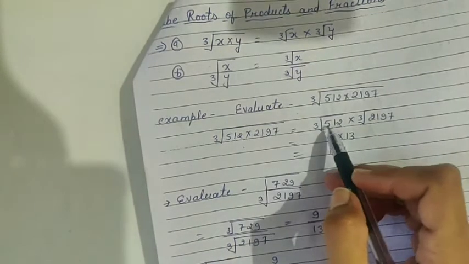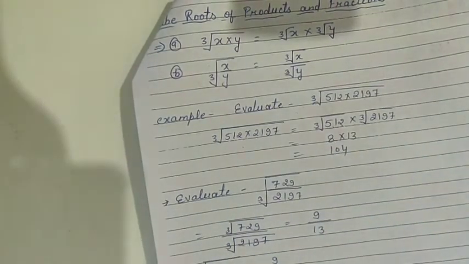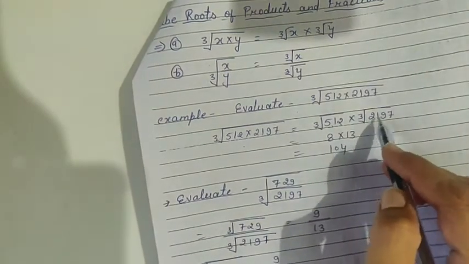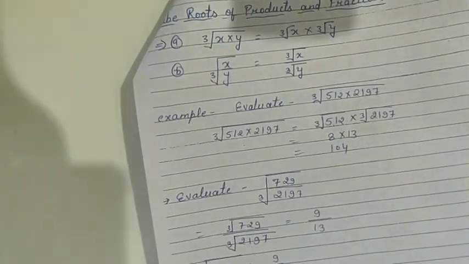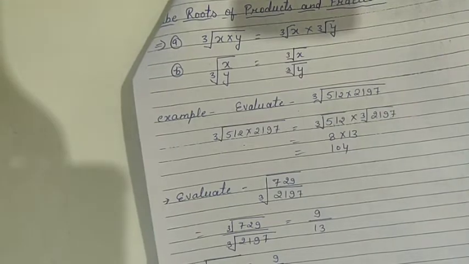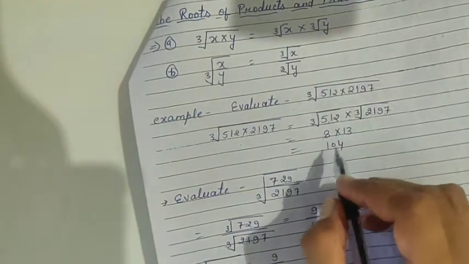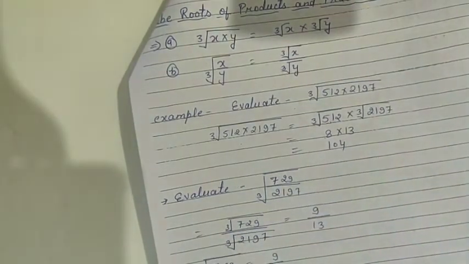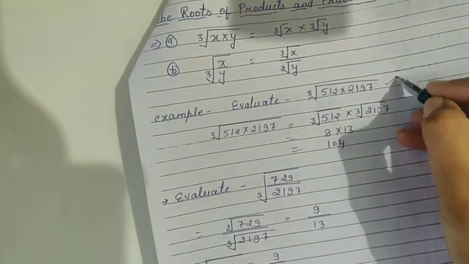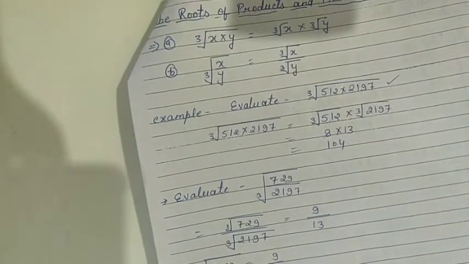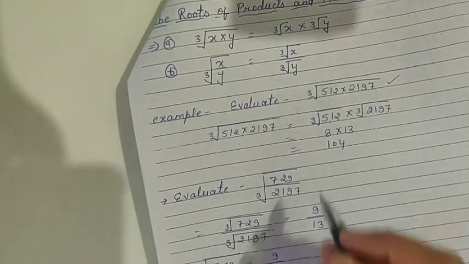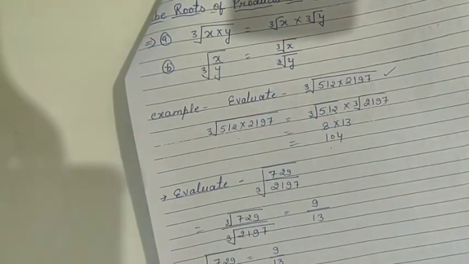So cube root of 512 is 8 and cube root of 2197 is 13. Okay, so 8 into 13 equals 104. So cube root of 512 into 2197 is 104.